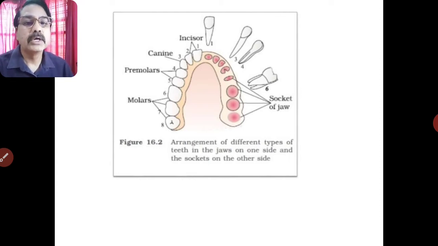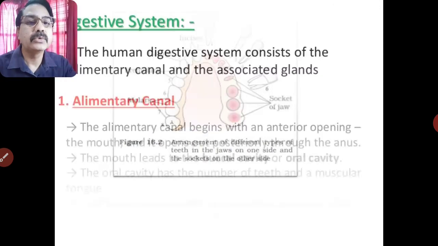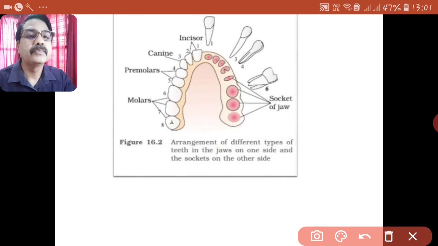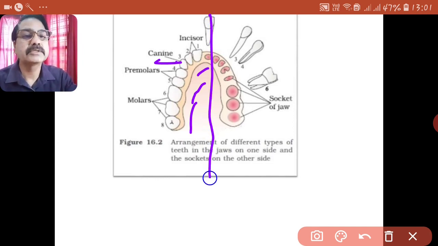Two teeth are there, then one canine, then 2 premolars and 3 molars. So these are on one side if we discuss here.